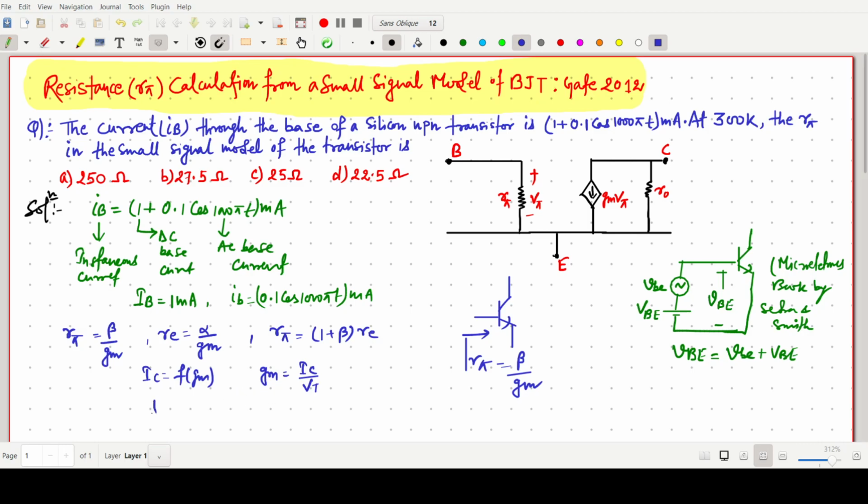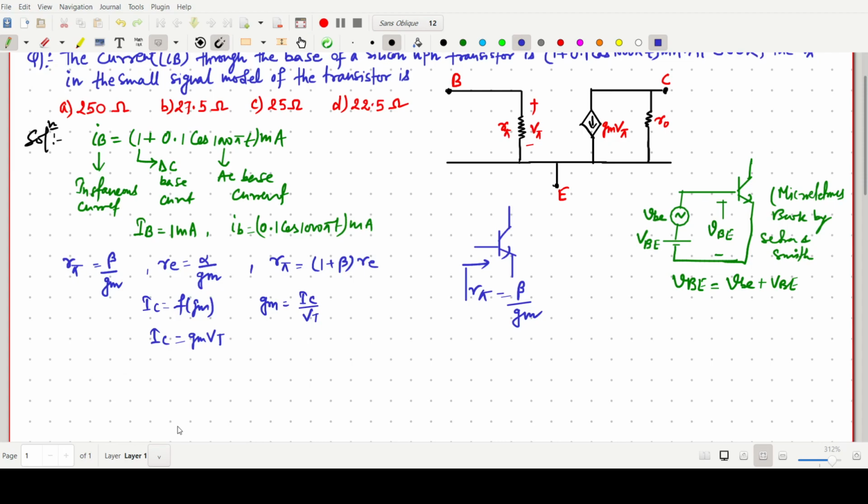These are some formulas that I am just mentioning. So we have to find the R pi value.